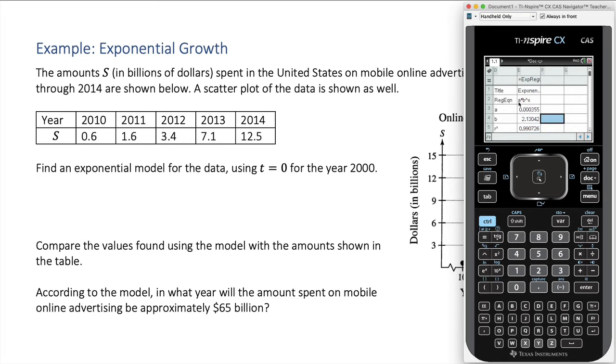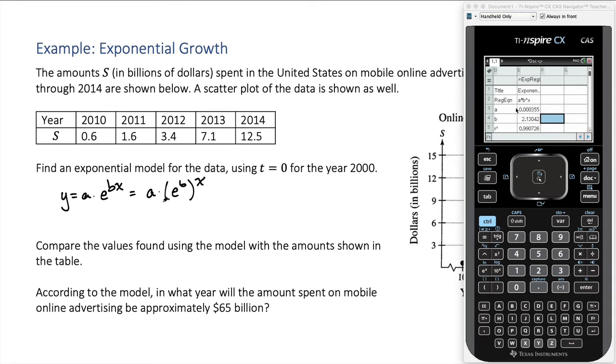So here we have a model, and you'll notice that it has a times b to the x. It doesn't look like our standard model, which we know is a times e to the bx. It's important to realize that these are actually equivalent, because you can change the value of b, and we could write this as a times e to the b to the x. Some calculators will give you a model in this form, a number times another number to the x.